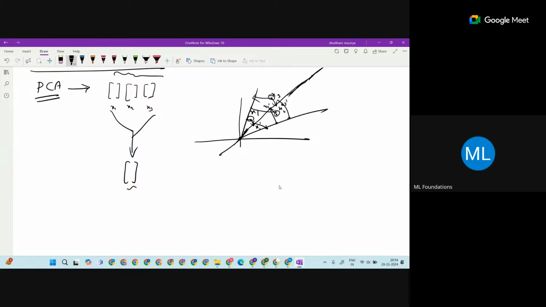Suppose this is the best line, then this projection error is going to be lesser. So how can I get exactly that line? This line means this vector, right?